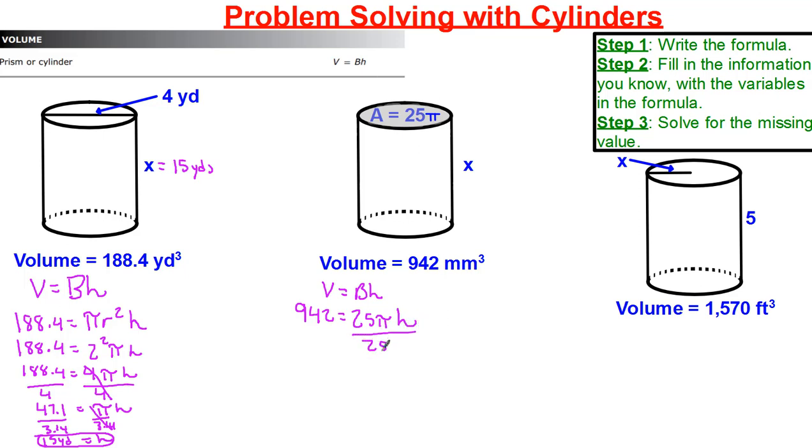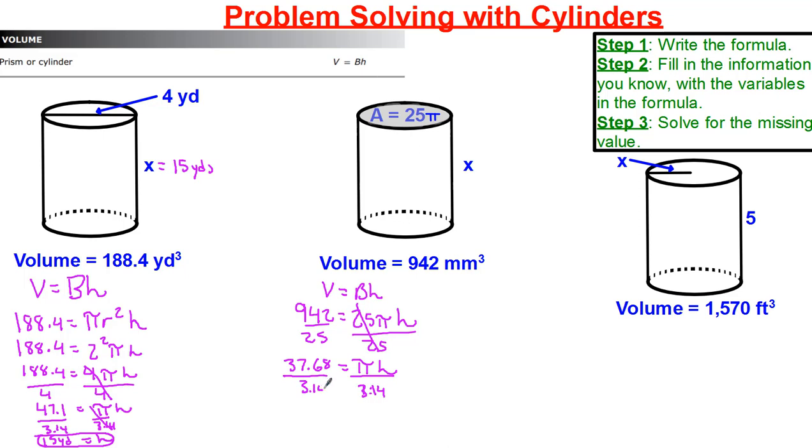I'm going to divide by 25 first in order to get rid of that, so I'll just have pi h. So 942 divided by 25 gives me 37.68. Now I'm going to go ahead and divide by pi, which is 3.14.